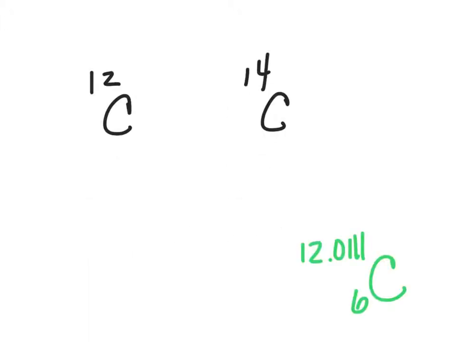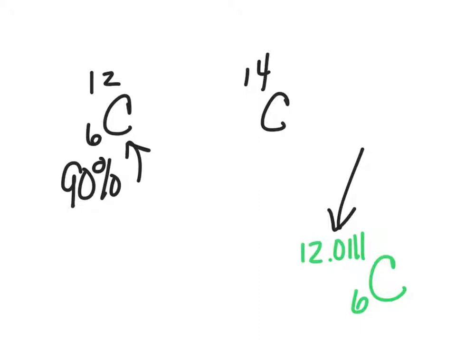Okay, so we're still talking about why this carbon on your periodic table has an atomic mass of 12.011. The reason is because there's a mixture of isotopes out there in the universe. Maybe 90% of the time you're going to get a carbon-12 atom that has atomic number 6, and 10% of the time you're going to get a carbon-14 atom.